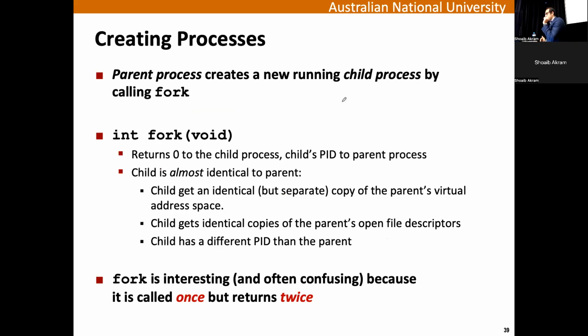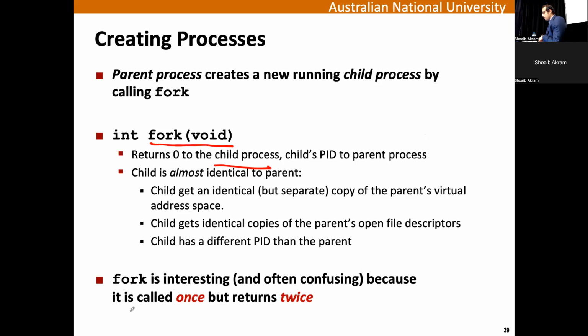So how does a parent process create a child process? The first system call in detail that we're going to look at is fork. Fork actually creates a child process. It's an interesting system call, very confusing.